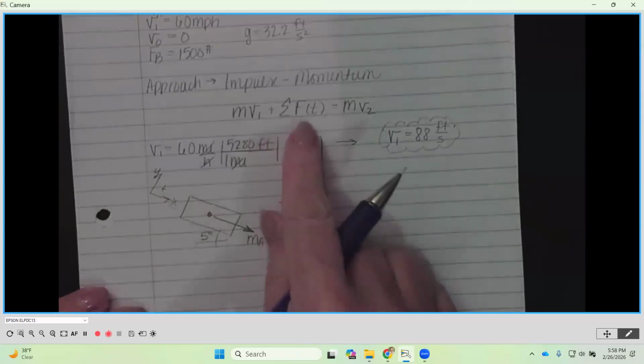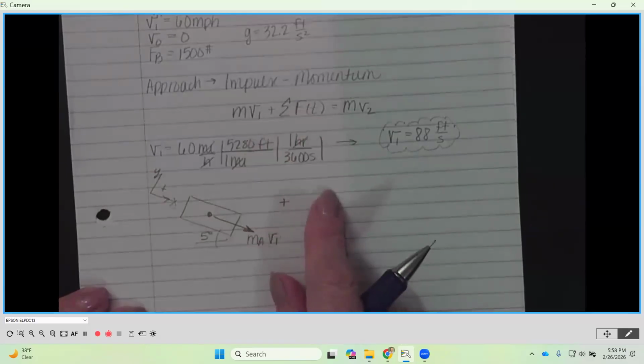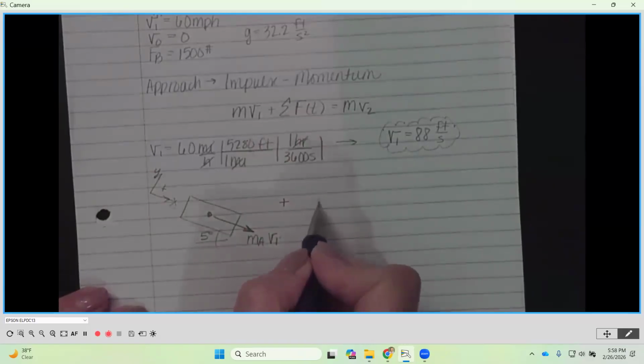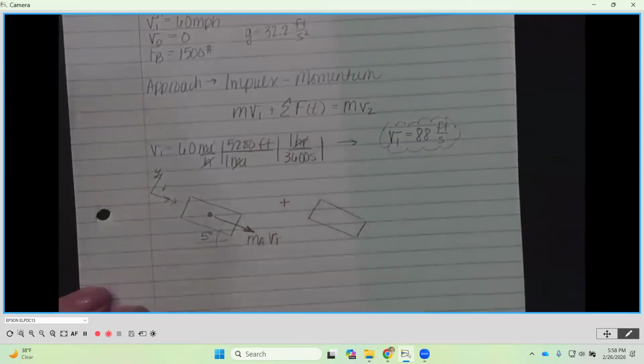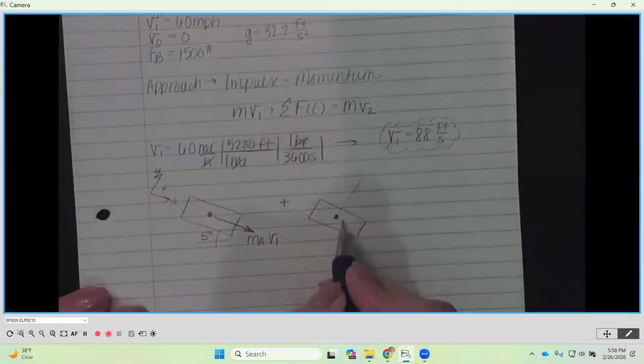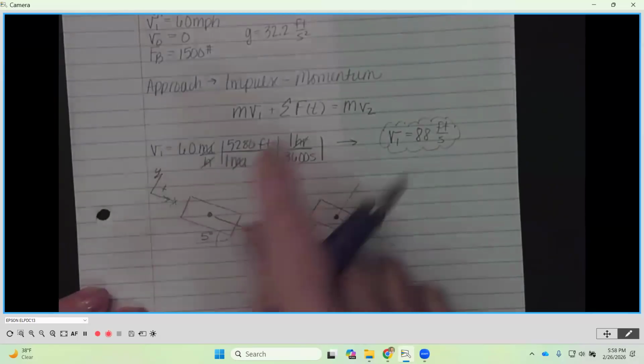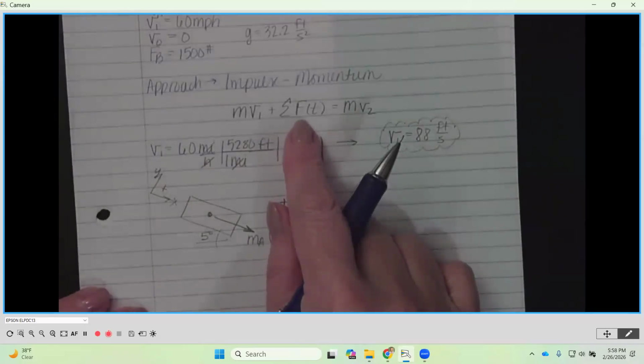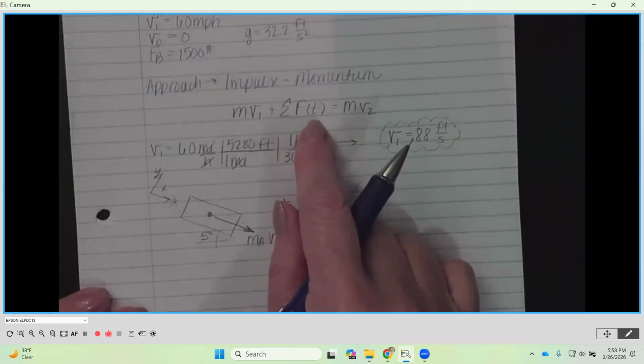Plus, now my next diagram is going to represent the impulse. So I'm going to draw my rectangle at an angle again, representing that 5 degrees, and through the center here, I'm just going to draw lightly my X and Y axis. Now this is going to be our forces times the time.